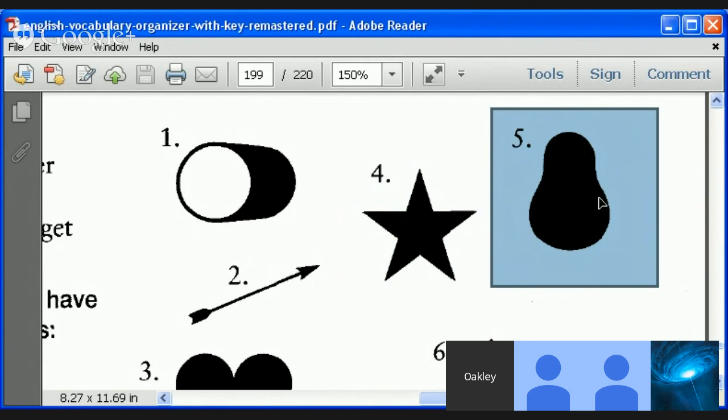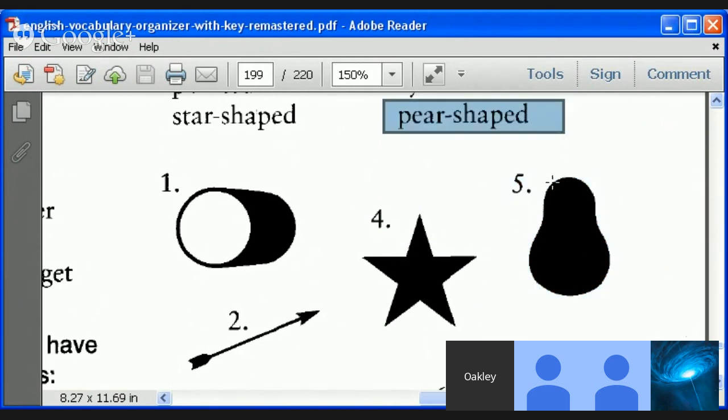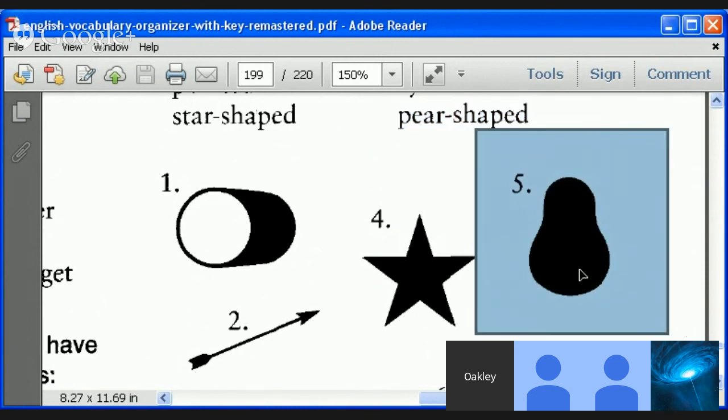Natalia, number 5 is? Think fruit. Fruit. The pear? Pear. Yes, pear-shaped. Here it is. Pear, yeah. Yes, it's pear-shaped. And we often talk about people being pear-shaped.